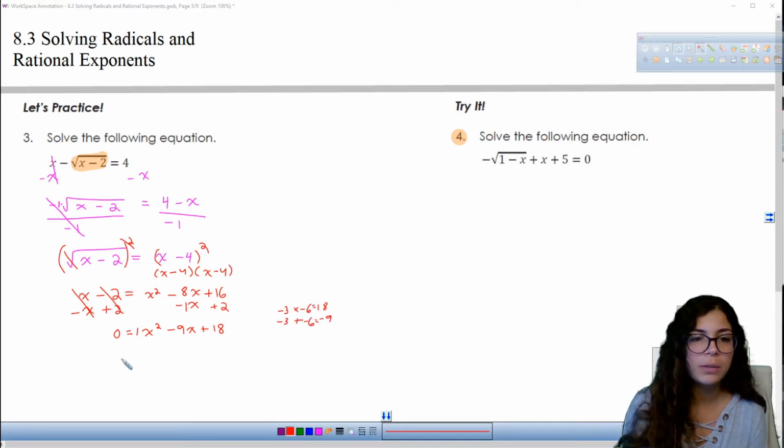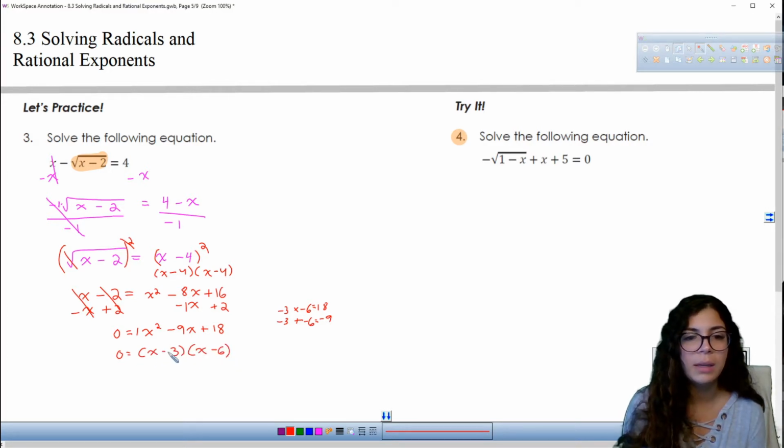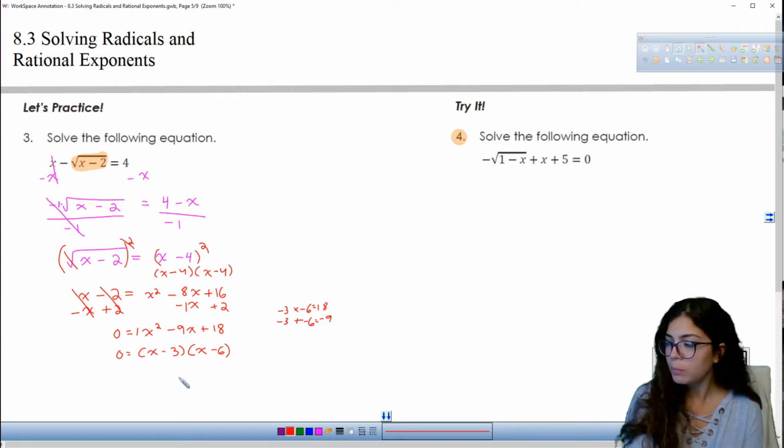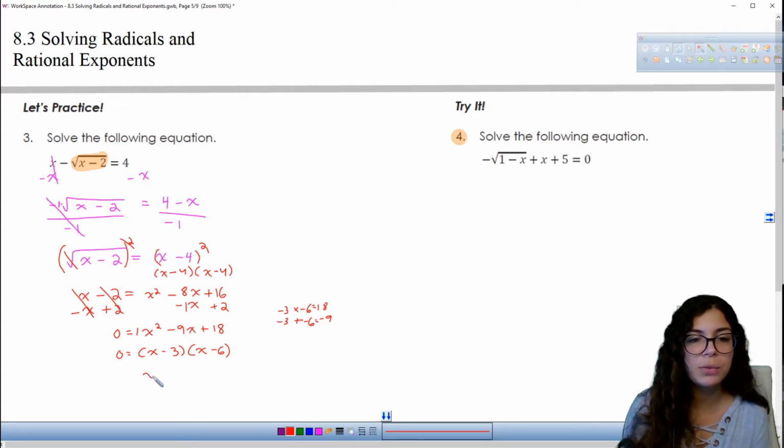So that works. All right, so this factors into x minus 3 times x minus 6. Negative 3 times negative 6 is positive 18. Negative 3x minus 6x will be negative 9x. Okay, so now I can solve. So I have two solutions, x equals 3 and x equals 6, right?